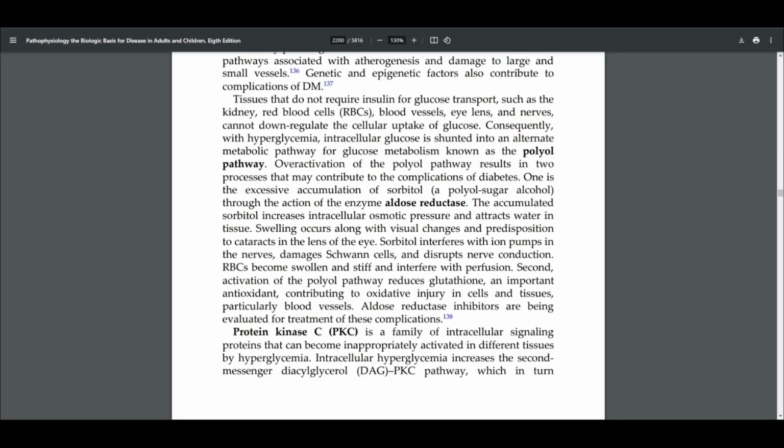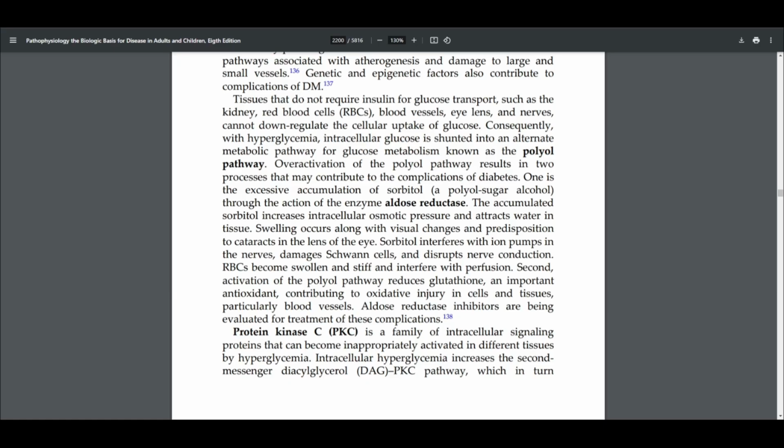The accumulated sorbitol increases intracellular osmotic pressure and attracts water into tissues. Swelling occurs along with visual changes and predisposition to cataracts in the lens of the eye. Sorbitol interferes with the ion pump in the nerves, damages Schwann cells, and disrupts nerve conduction.